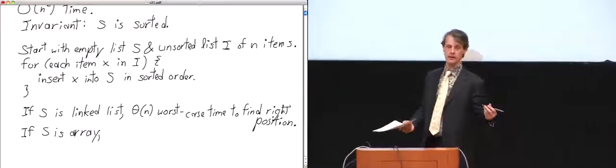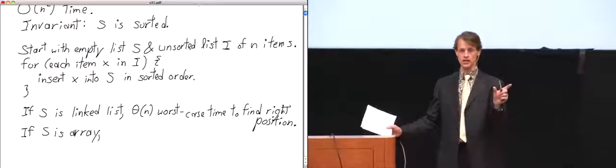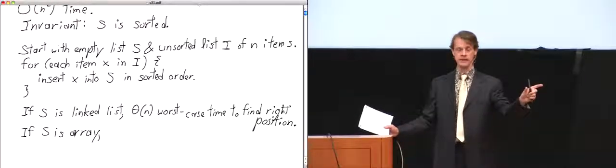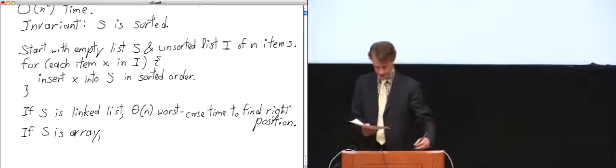But then, let's suppose you have to insert the new item in the middle of the list. You're going to have to shift half the items over one space in the array to make room for the new item. And that's what's going to cost n time, linear time.